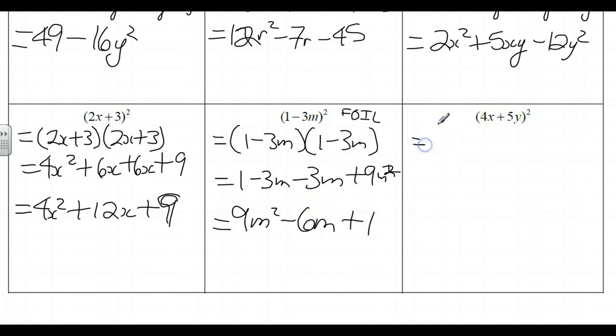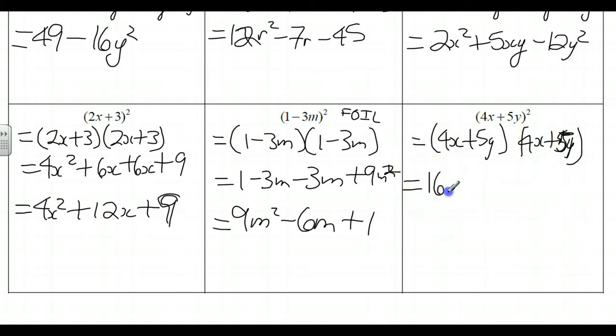And last, what do we got? 4x plus 5y times 4x plus 5y. Okay, first, 16x squared. Outer, plus 20xy. Inner, hey, look, again we have plus 20xy.